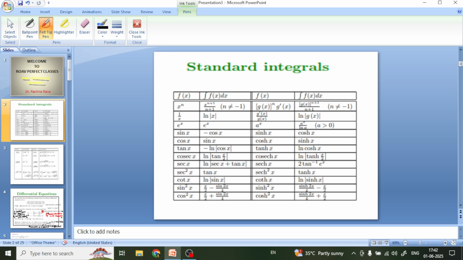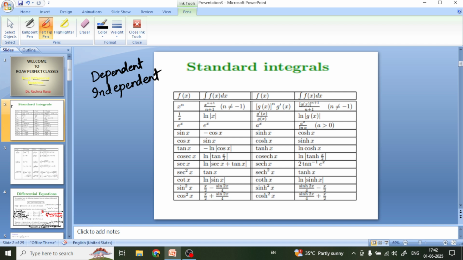In differential equations, there are two types of variables: dependent and independent variables.